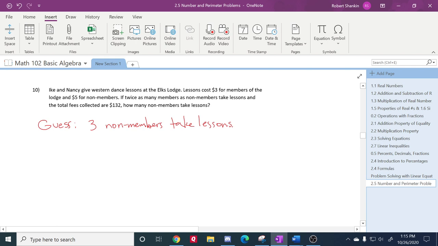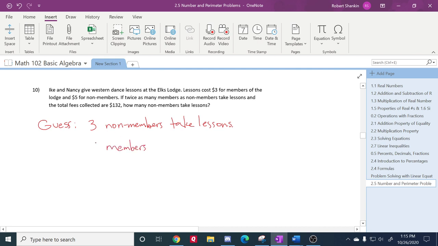All right. I can go right into the cost, but I know I got to figure out how many members. And that's in this sentence. Twice as many members as non-members take lessons. So if I'm guessing 3 non-members, how many members are there?